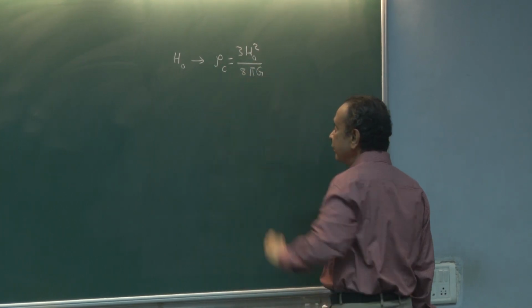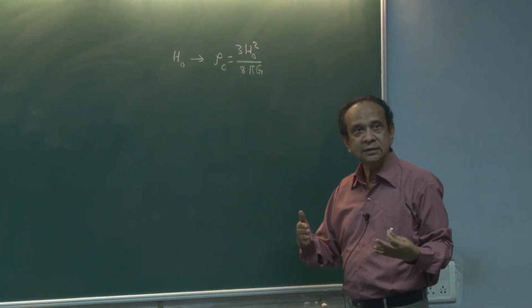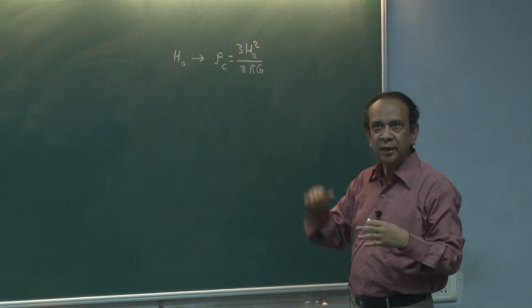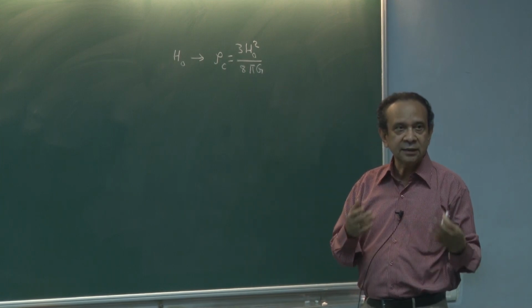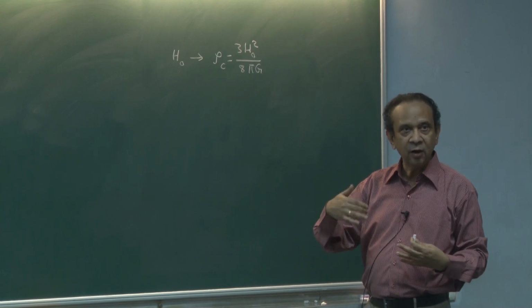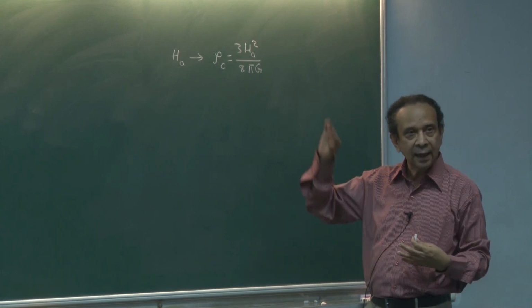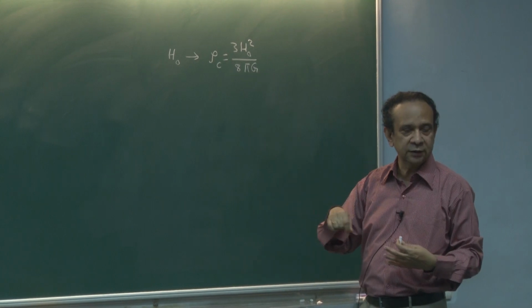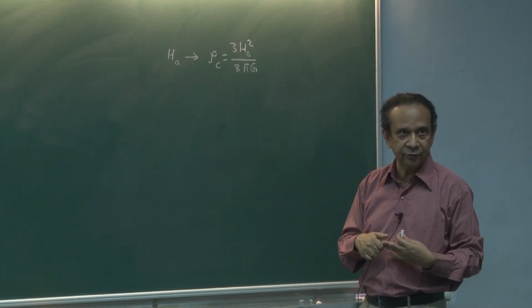This is the density, for those who are not familiar with it, such that if the matter density or energy density in the universe is bigger than that, it will recollapse. If it is smaller than that, it will expand forever, and at this critical density it will just coast along. This corresponds to the k equal to 0 case.